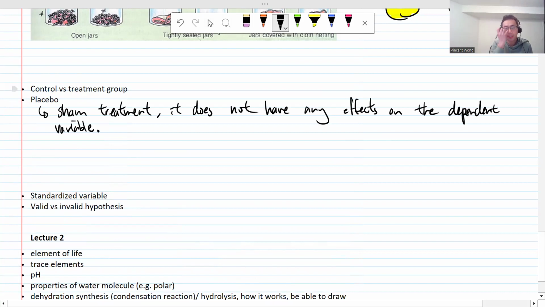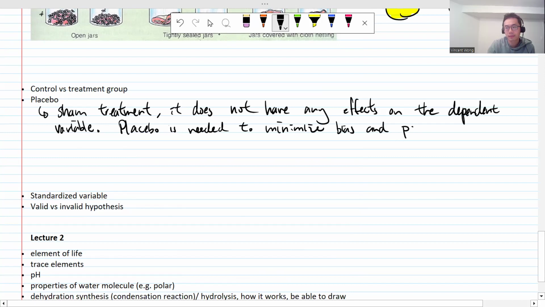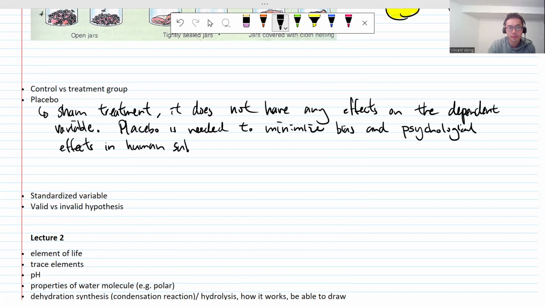And we need a placebo when we deal with human subjects, right? Yeah. So a placebo is needed to minimize bias and psychological effect in human subjects.